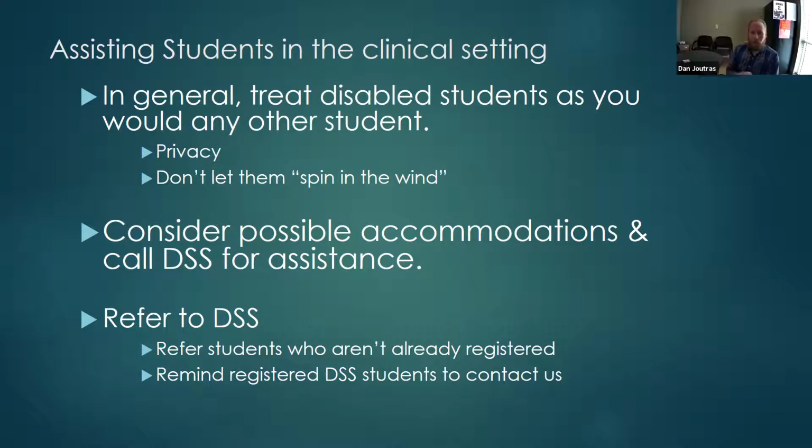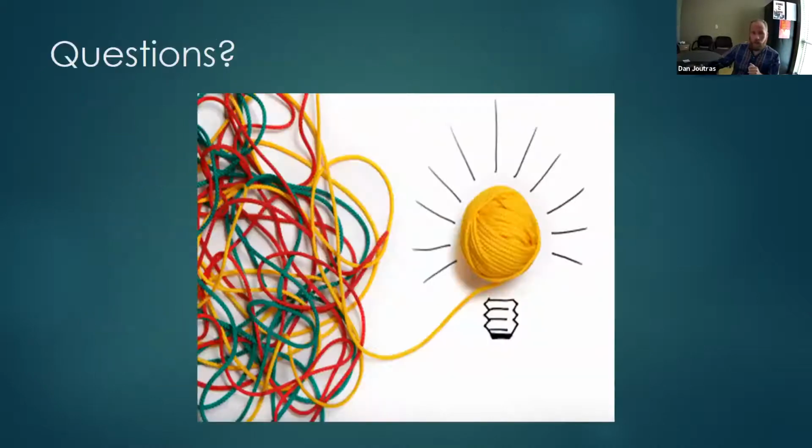So for example, if a student has testing accommodations and you feel as though they're not going through the correct process in order to take those exams, then ensure that you're referring them back to us and that we're all remaining in good communications. And again, I'll pull up that information at the end of our presentation here.